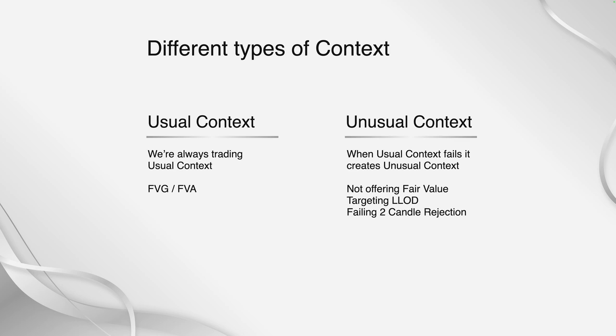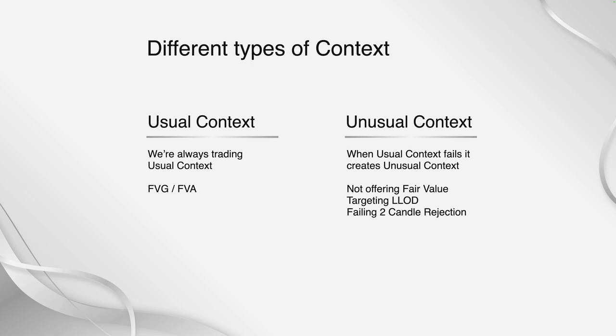So the fair value gap, the fair value area, where we have the 2 candle rejection and that sweep, that is a little bit different, but you're still trading after that usual context. So a usual context area is again that order flow lag higher or lower. That creates a fair value gap, creates a fair value area potentially, that creates the usual context area.